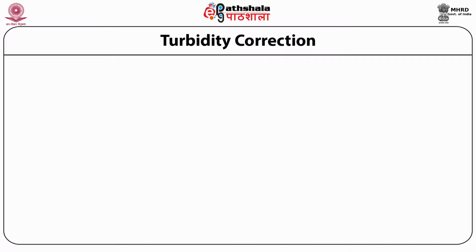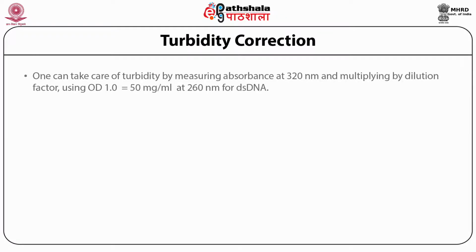For correcting for the turbidity in the sample, one can take the measurement of absorbance at 320 nanometers and multiply by the dilution factor.